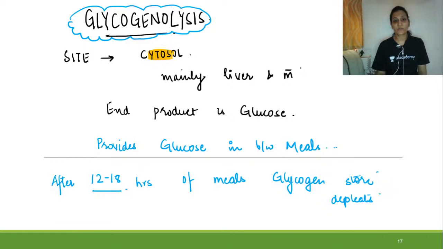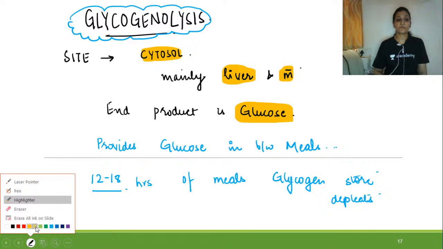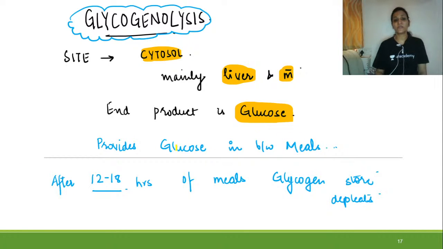The site where it occurs is the cytosol, in liver and muscle, and we call it glycogenolysis. It is glycogen and lysis, or breakdown of glycogen. It is a polymer of glucose, broken down into glucose. It is required for energy between the meals.